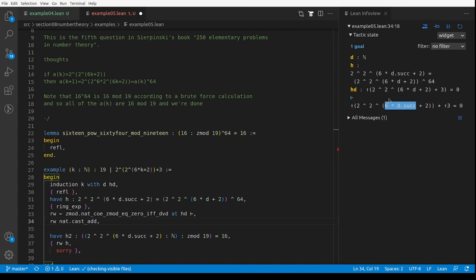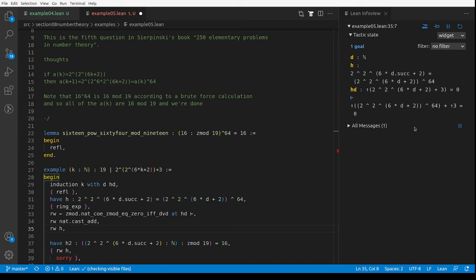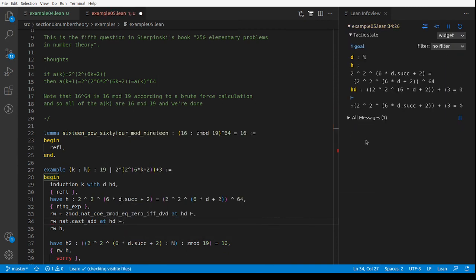And now I can rewrite H there, and now the point is that HD tells me that this thing is 16, so I need to rewrite nat_cast_add at HD as well.